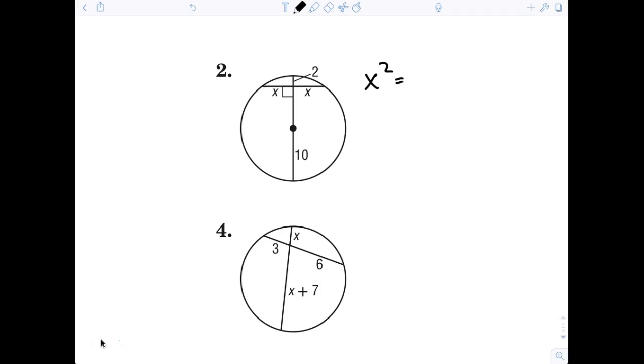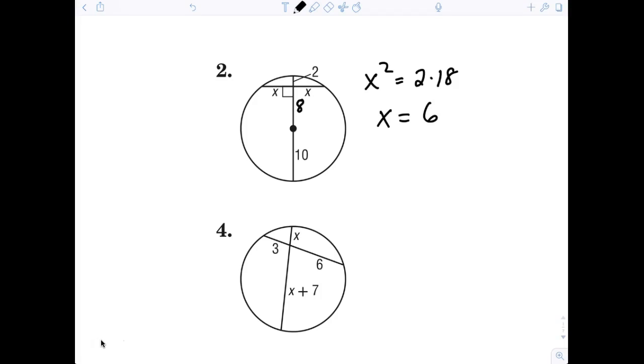So that's the only way you can make mistakes, if you're not careful with how they write it. If the radius is 10, then this right here would be 8. So then we have x squared is equal to 2 times 18, which is 36, and so x is equal to 6.